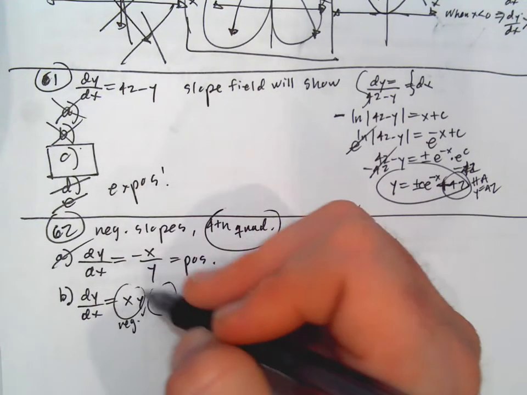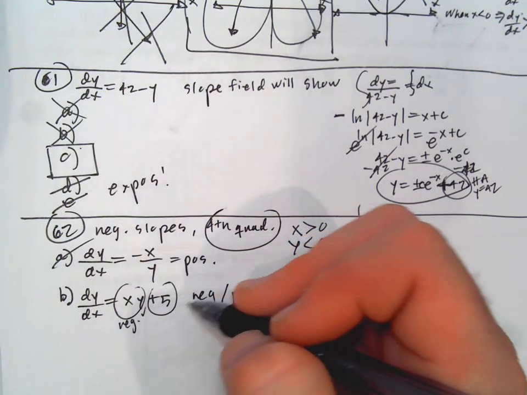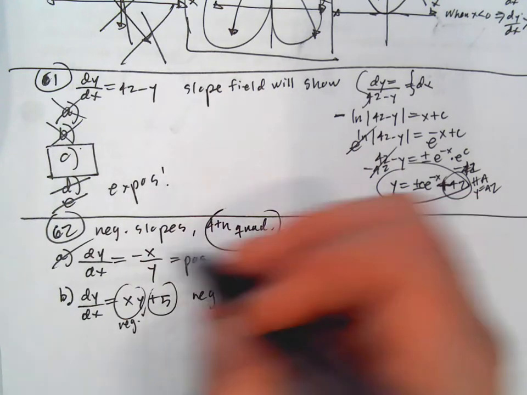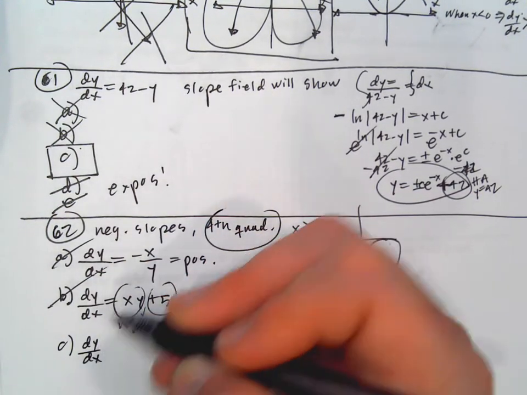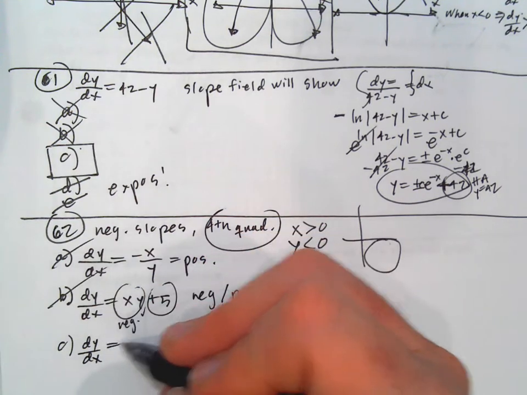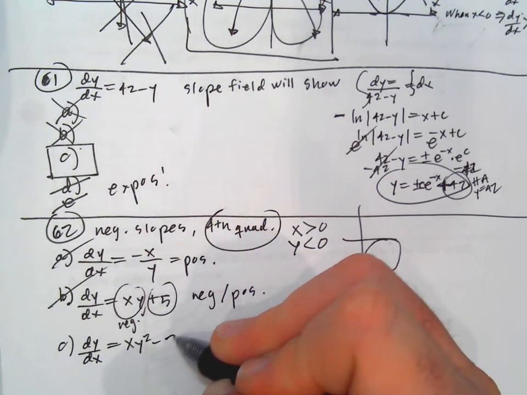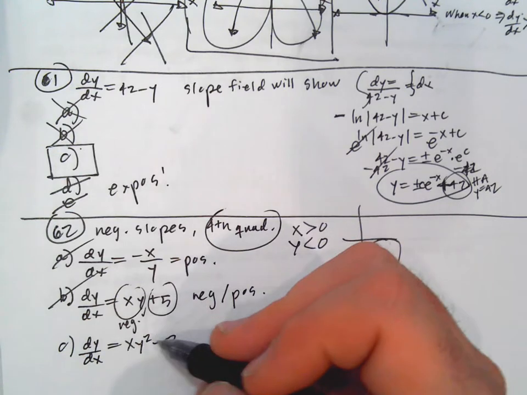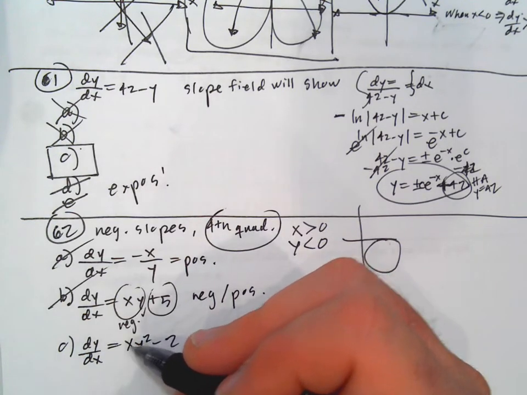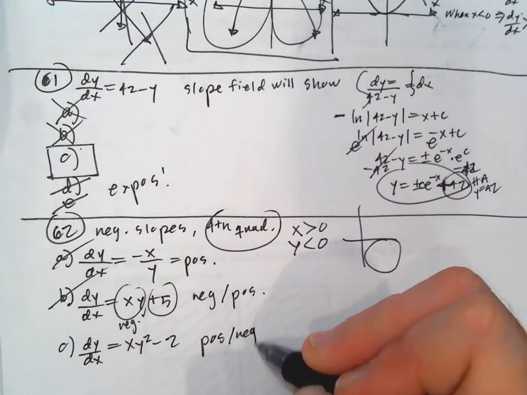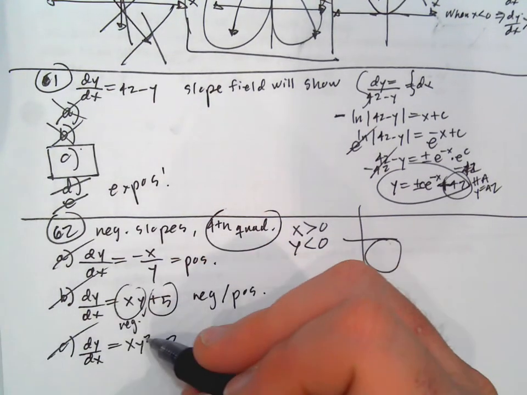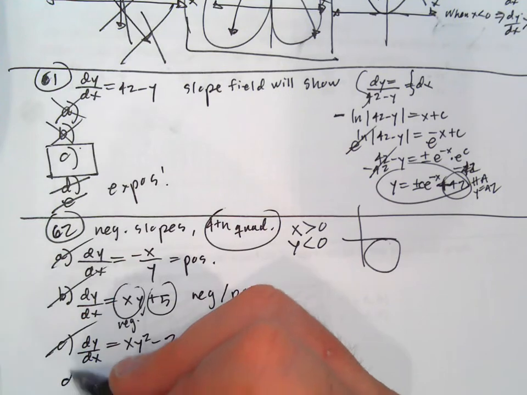If this result is smaller than 5, then you're going to get positives, right? So that one's out. C, dy/dx equals xy squared minus 2. Here, y is always going to be negative, squared is positive, so this is going to be positive probably most of the time and negative sometimes when this result is smaller than 2.